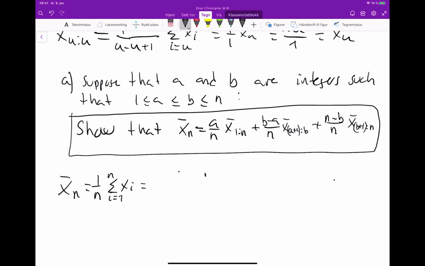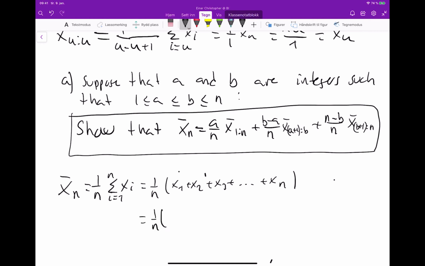But how can we write this otherwise? We could write this like 1 divided by n, x1 plus x2 plus x3 plus up to xn. And now let us do another thing, split it into parts, which is allowed, as you know.